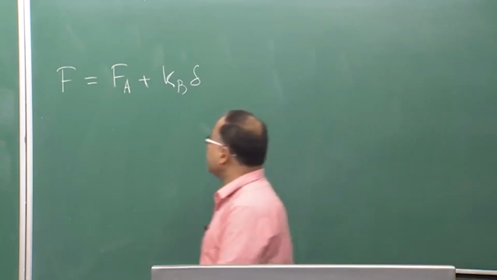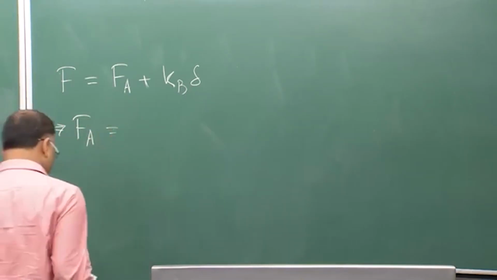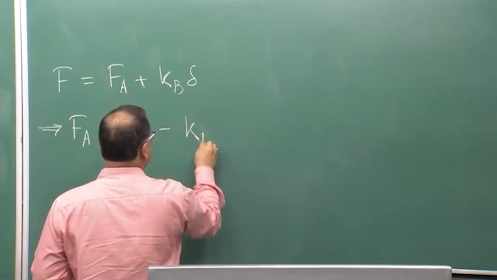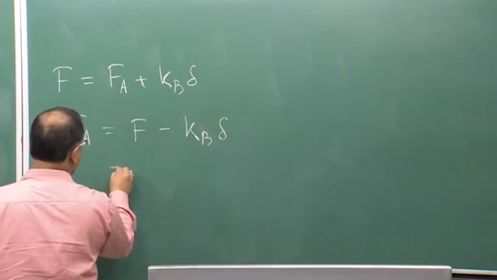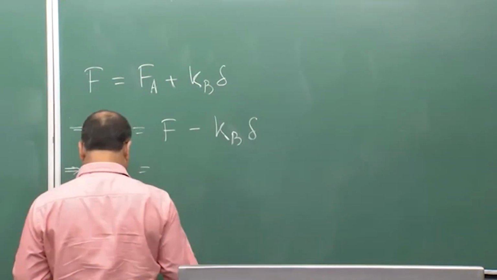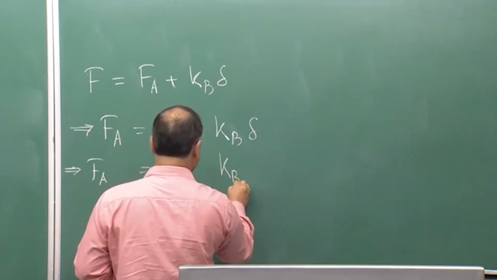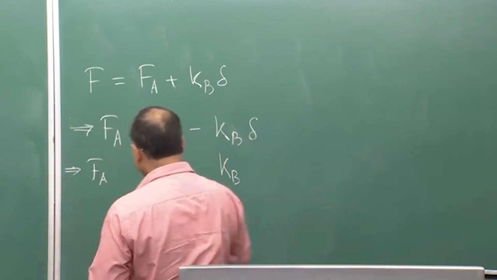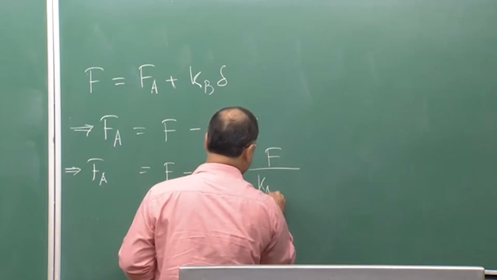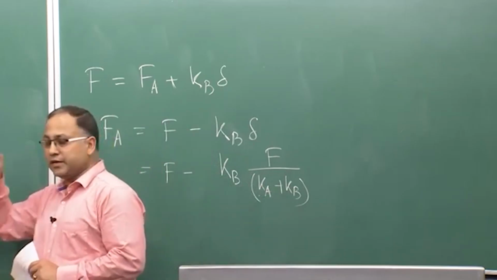So from this we can write F A equal to F minus K B delta, or we can further write F minus K B, and in place of delta we can simply write F by K A plus K B, as given here.